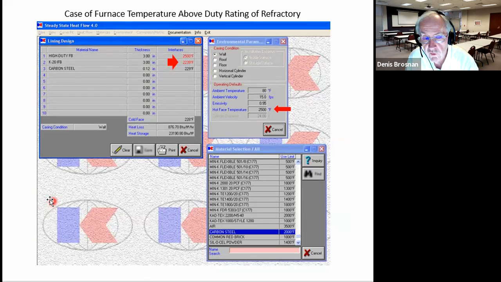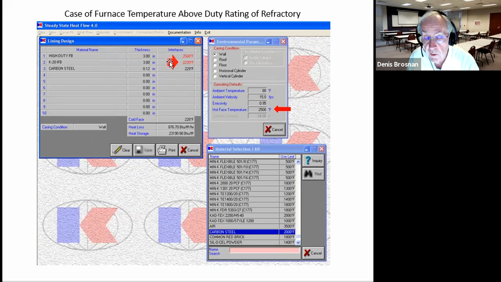Now here's the case of a furnace design, lining design, layer design, which showed the interface temperatures in red. Now I have not put in enough temperature for the super duty fire, the high heat duty fire brick to be something that should be used at the use temperature of this furnace.